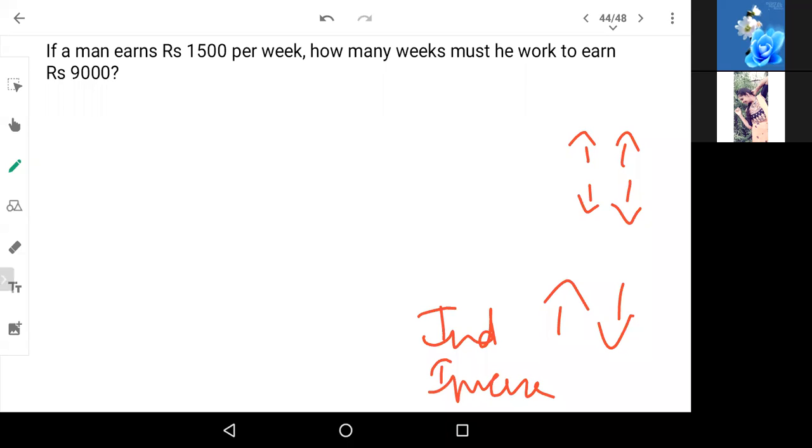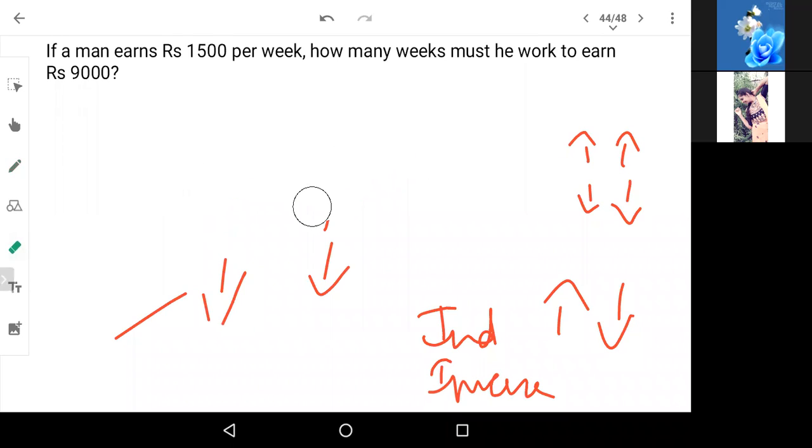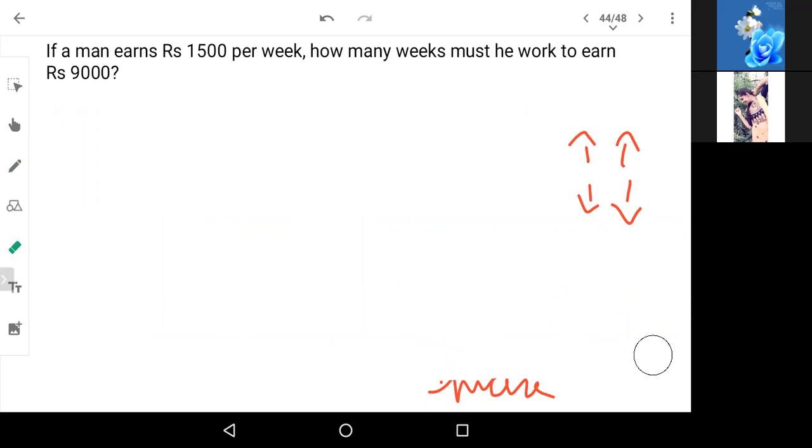In this case, if the number of weeks increases, the wages also increase. If the number of weeks decreases, the wages will also decrease. So this is a problem of direct proportion. Now let us define which proportion this is, and then we will solve the problem.